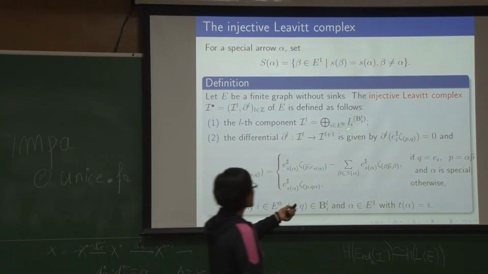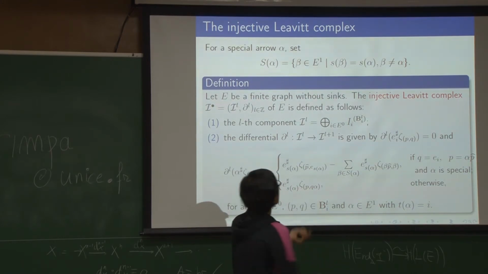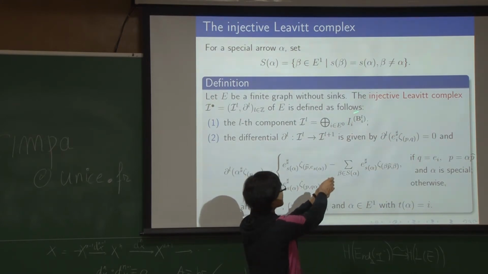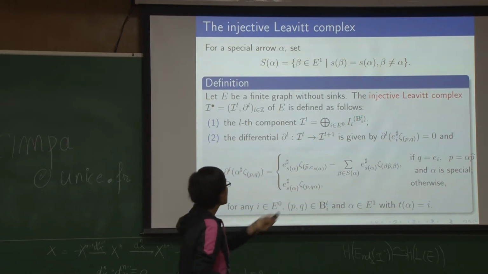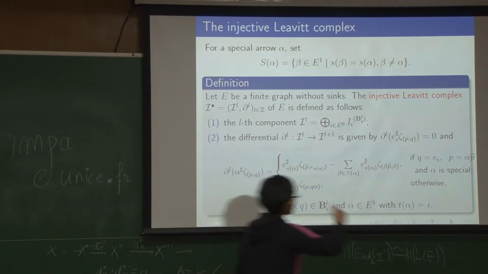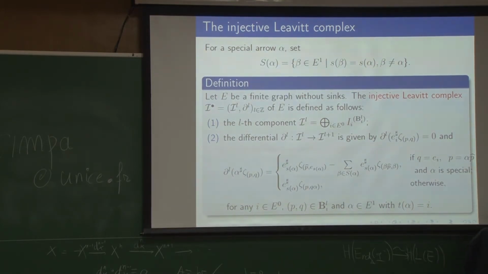Remember that we have a basis for this injective module. So we just pick any pair (P, Q) in this B_L^i.